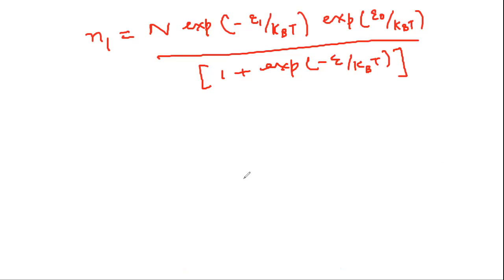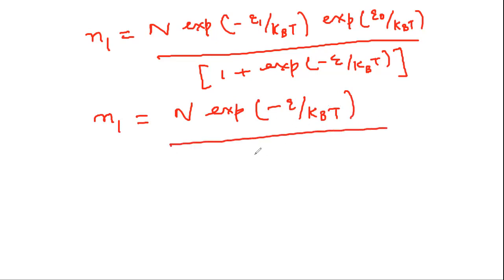Then I can write N1 is equal to N times exponential of minus epsilon by kT divided by 1 plus exponential of minus epsilon by kT. Check it.